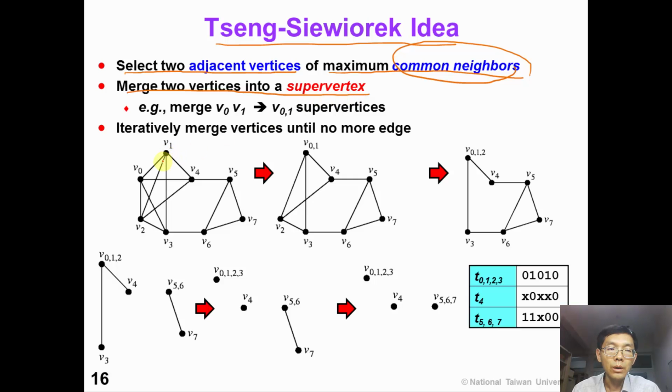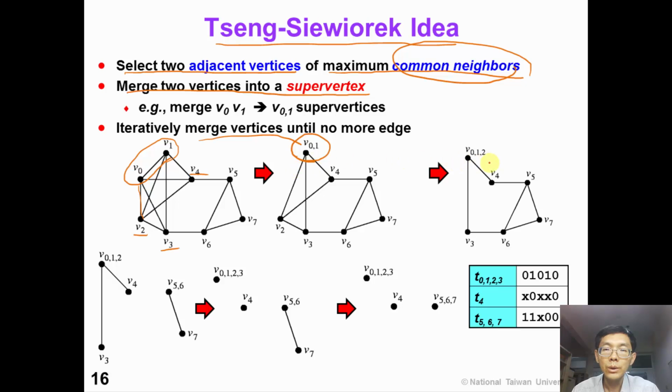For example, V0 and V1 have 3 common neighbors: V2, V3, and V4. So we can merge V0 and V1 into one super vertex, which is denoted as V01. In this way, we can reduce one vertex in this iteration.